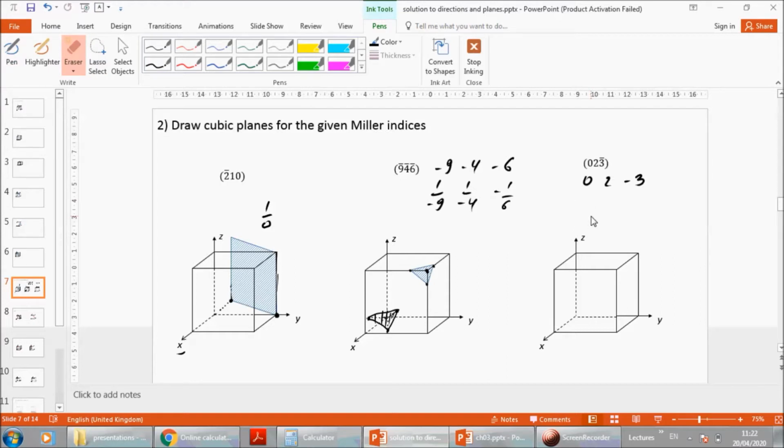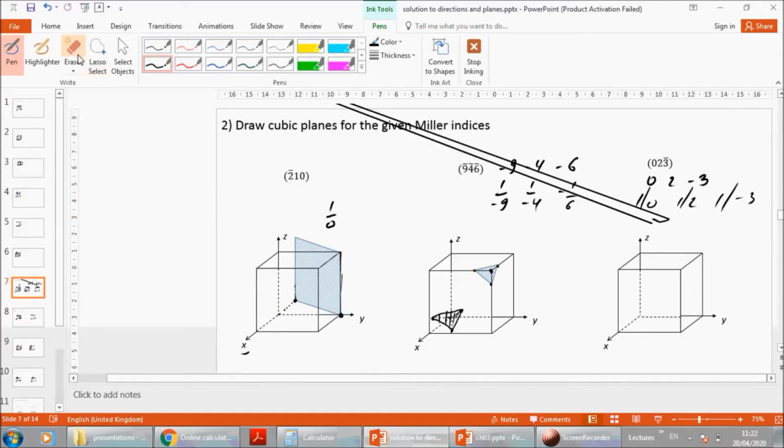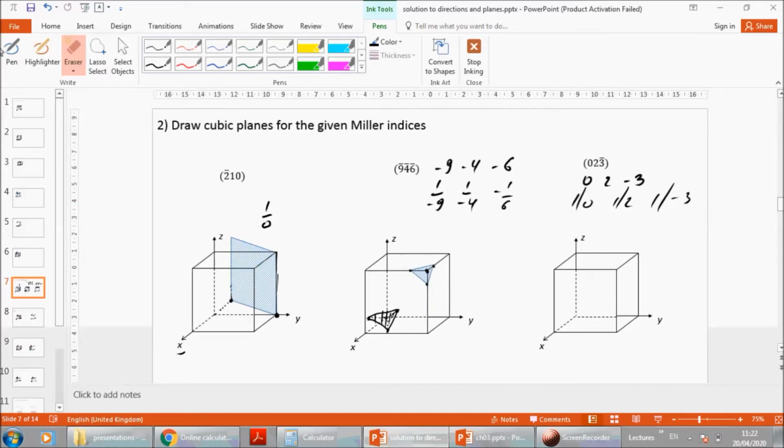So take the reciprocal. It will be infinity, 1/2, and -1/3.